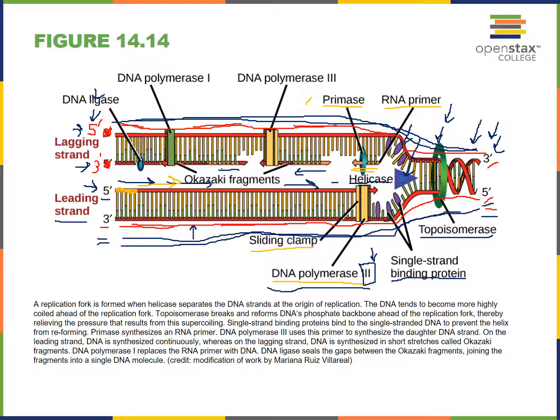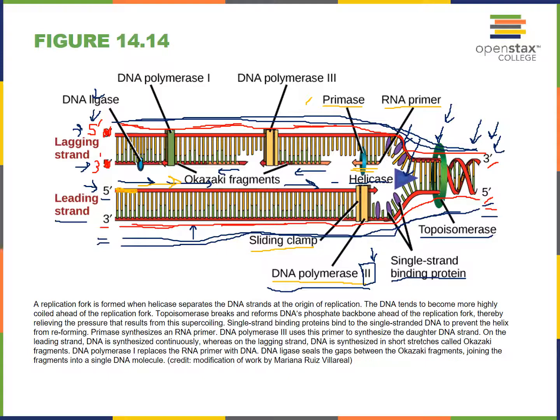In this figure, it would be right to left instead of left to right. And you'll notice the replication fork with helicase and single-strand binding proteins.